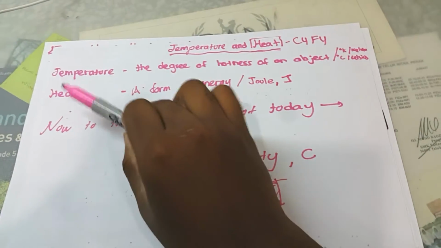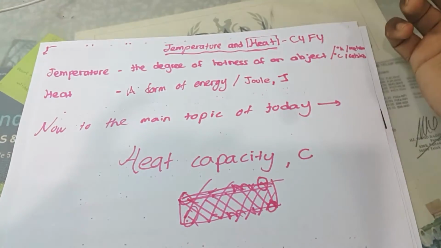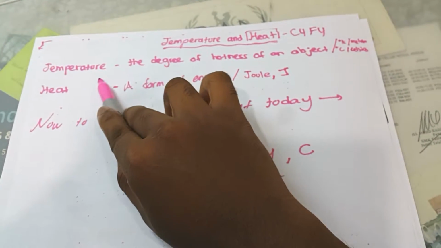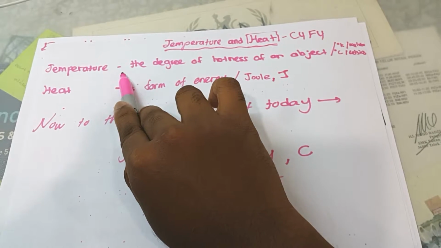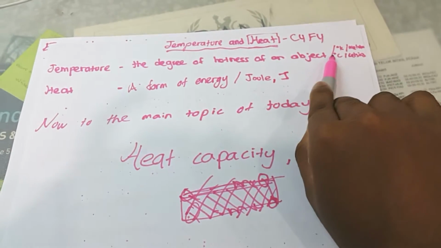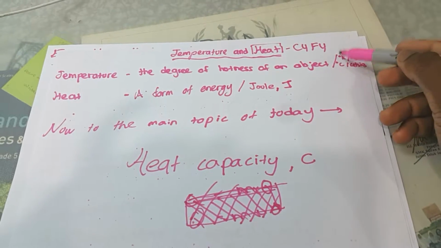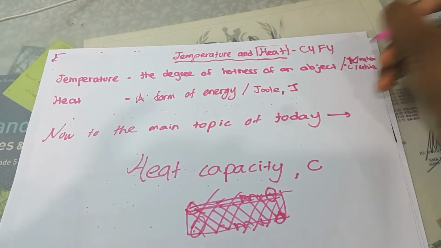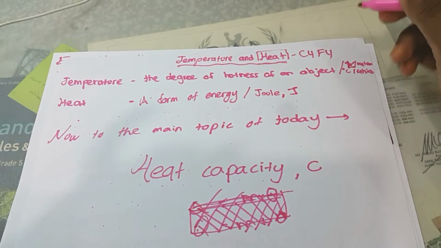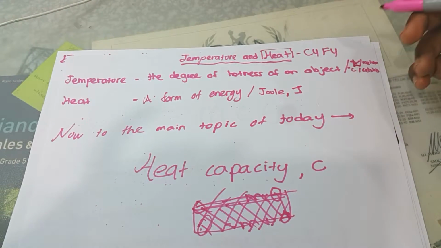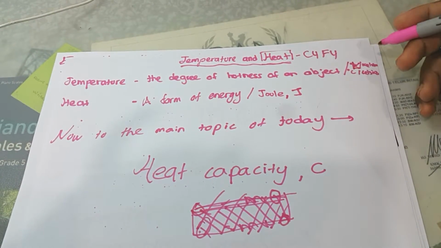Okay, so we must get the definitions out of the way. Temperature is defined at high school level as the degree of hotness of an object, and its SI unit is Kelvin, represented by a capital K. In these questions, it's usually represented by degrees Celsius.